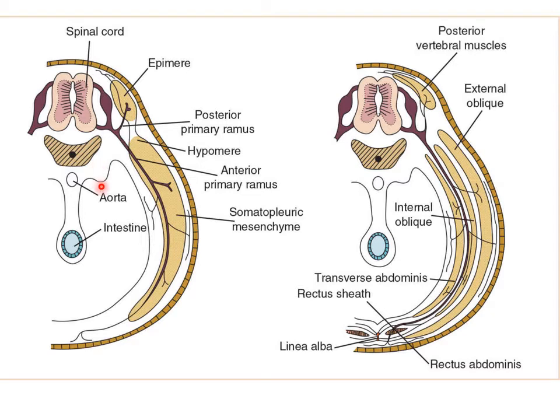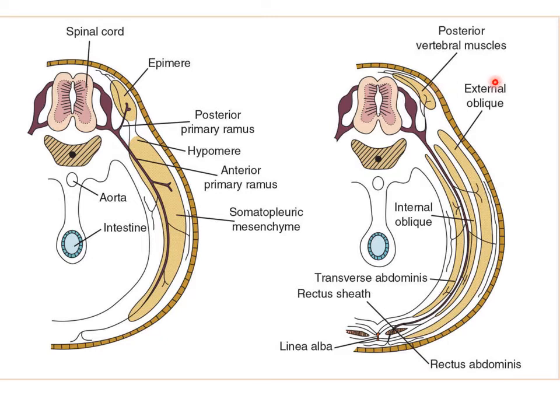Here in this diagram, in cross section through the embryo, or transverse section, this is the spinal cord, this is the dorsal part of the embryo, and this is the ventral part. The ventral part of the muscles is called the hypomere, and the dorsal part is the epimere.